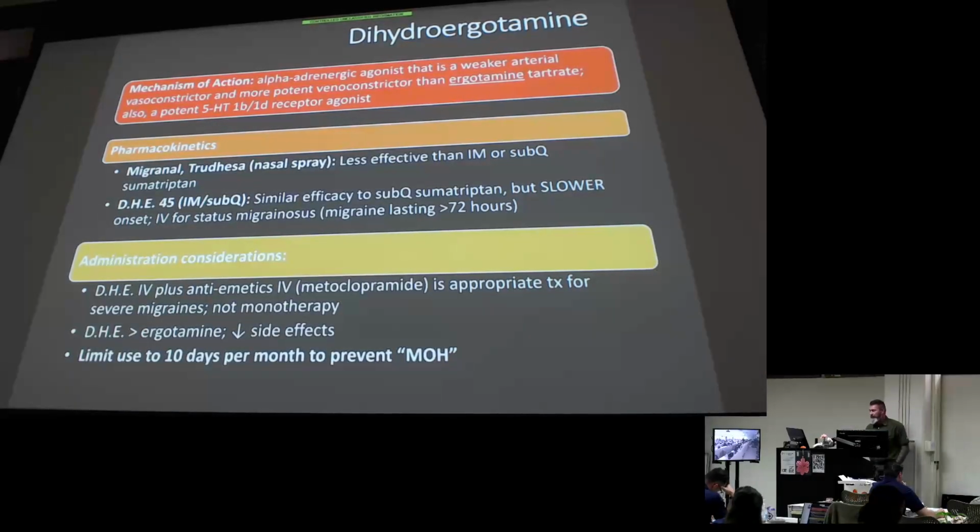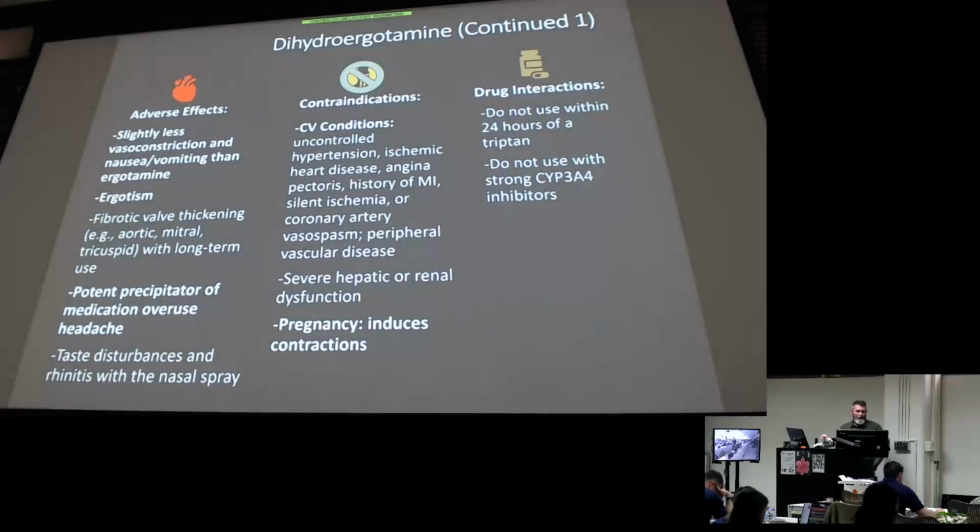But still the vasoconstrictive contraindications. Slightly less vasoconstriction, as I said, slightly less nausea and vomiting than the ergotamine as a side effect. You still can get the ergotism, you can still get the fibrotic valve thickening, and it also precipitates MOH, medication overuse headache, like ergotamine.